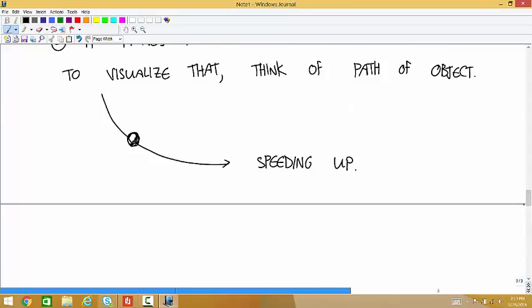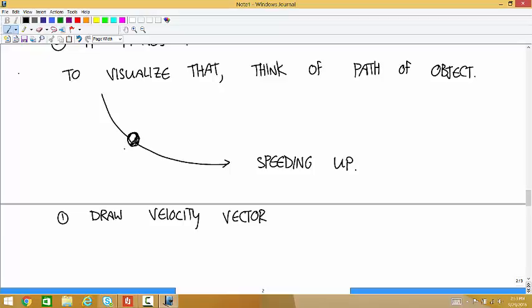Okay, so first, draw the velocity vector. The velocity vector is always tangent to the path in the direction of the motion.